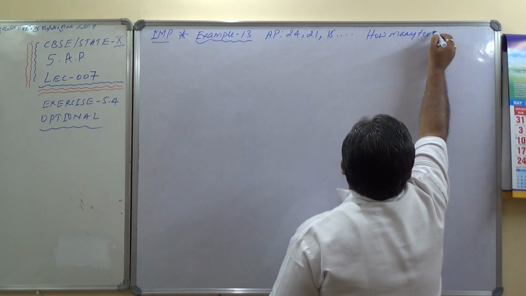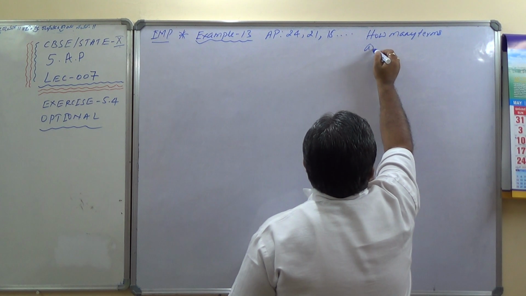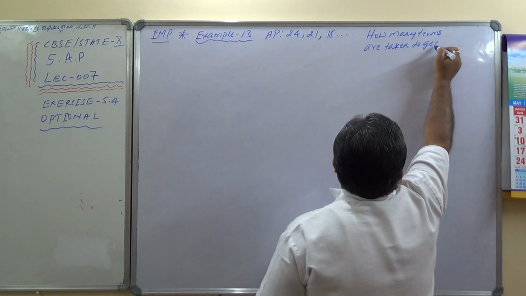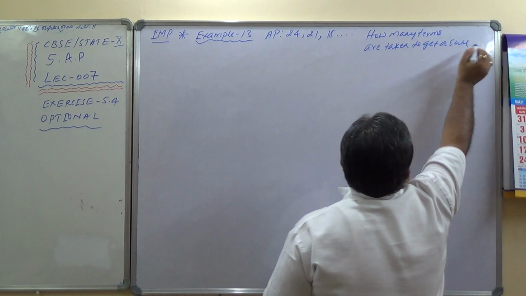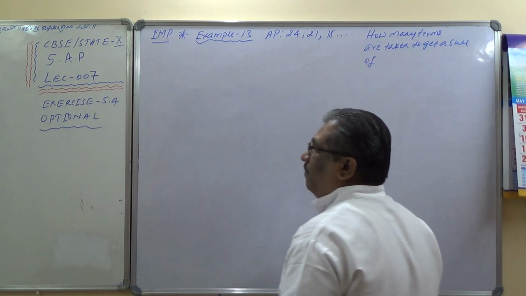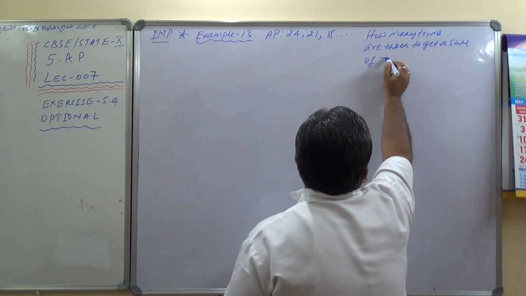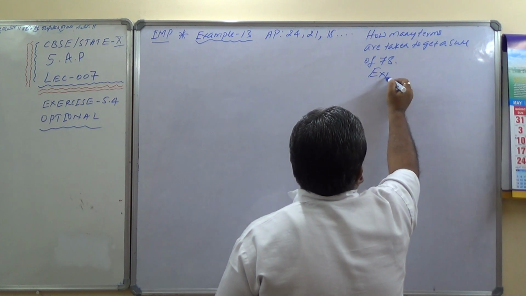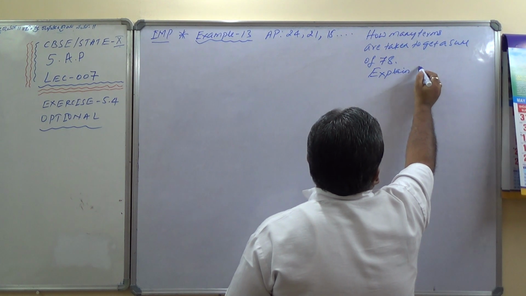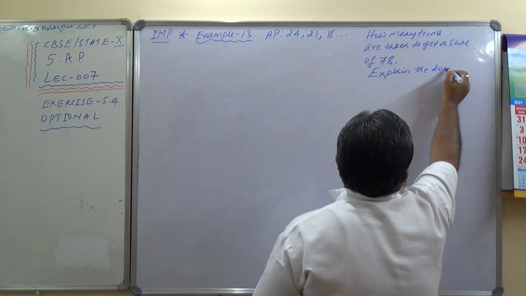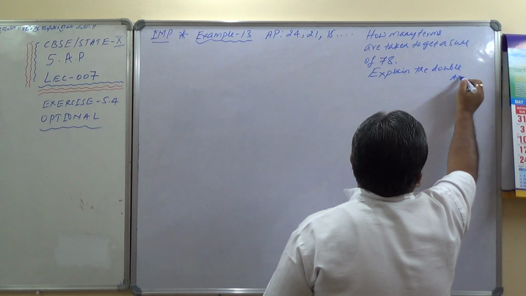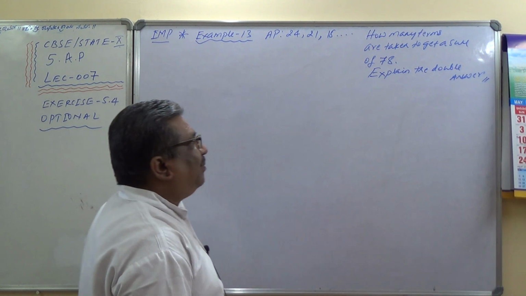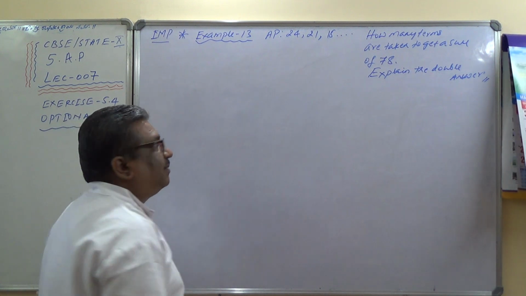How many terms are taken to get a sum of 78? Okay, explain the double answer. One question you may get something like this. Here, explain the double answer is what we have to see.